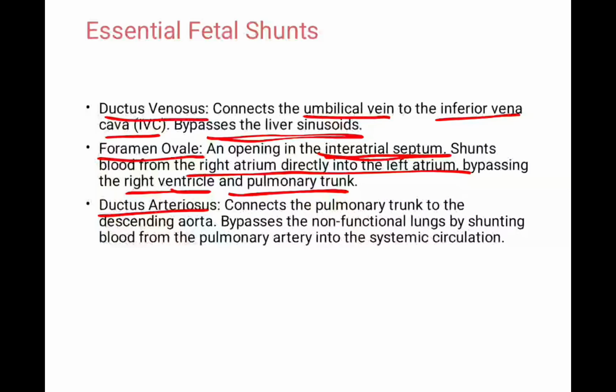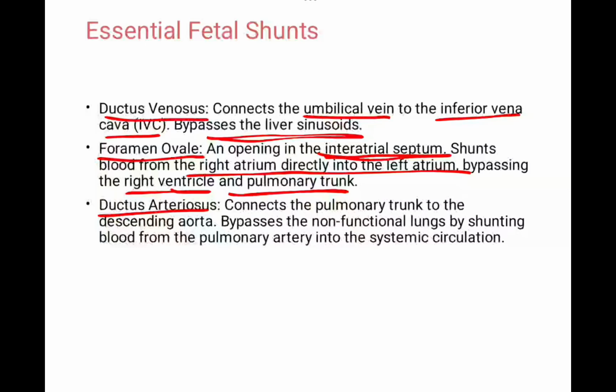But in fetal life the lungs are non-functional, so blood moves from the right atrium directly into the left atrium without going through the right ventricle and pulmonary trunk, though a little amount of blood passes there, which is to supply the developing fetal tissue, just enough for its growth.